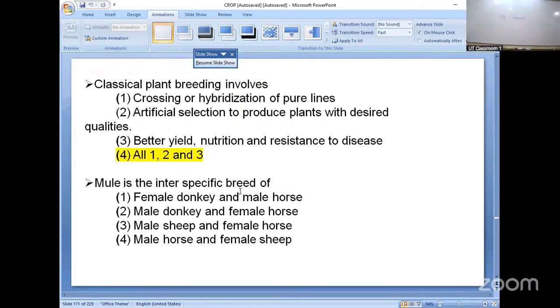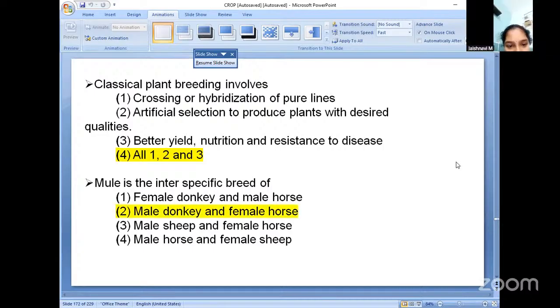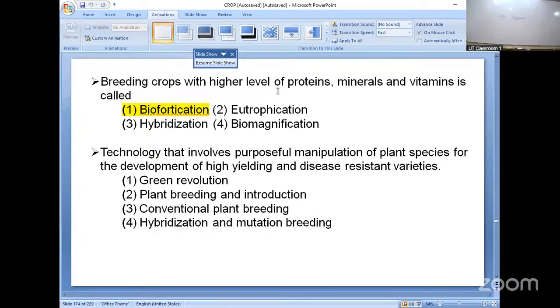Mule is the interspecific breed of a male donkey and a female horse. Technology that involves purposeful manipulation of plant species for the development of high-yielding resistant varieties: green revolution, plant breeding and introduction, conventional plant breeding or hybridization and mutation breeding.